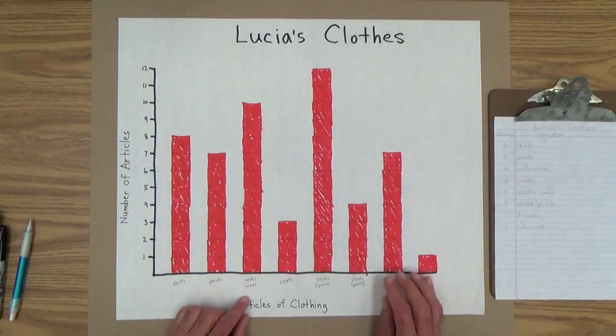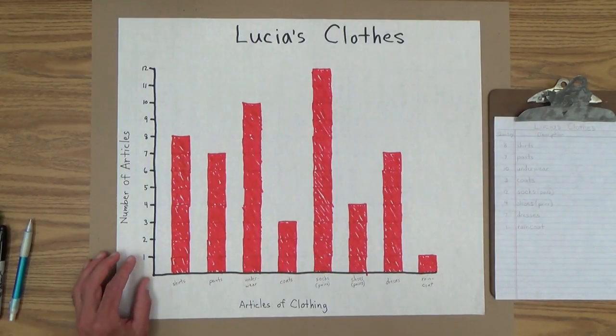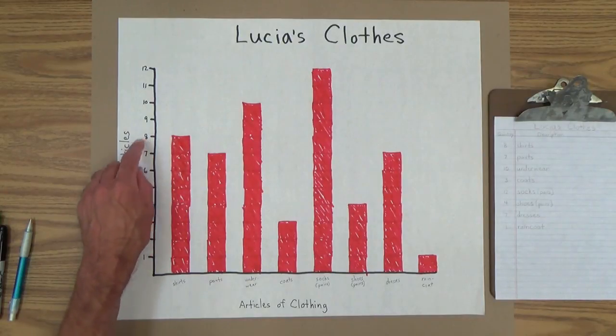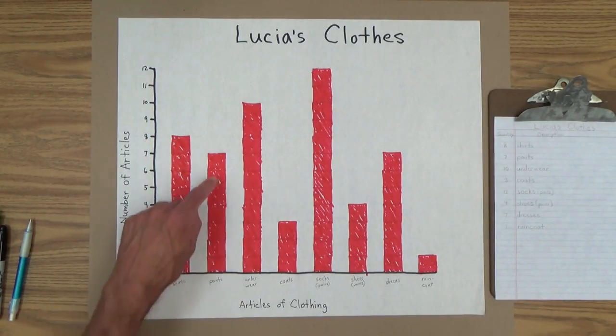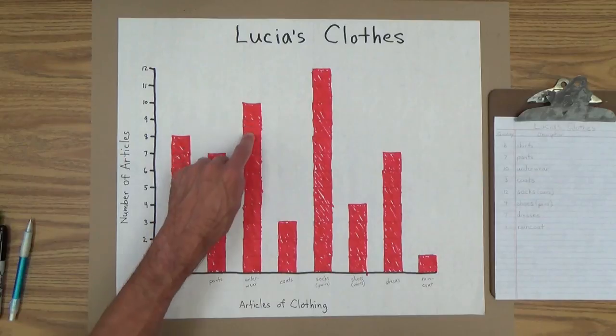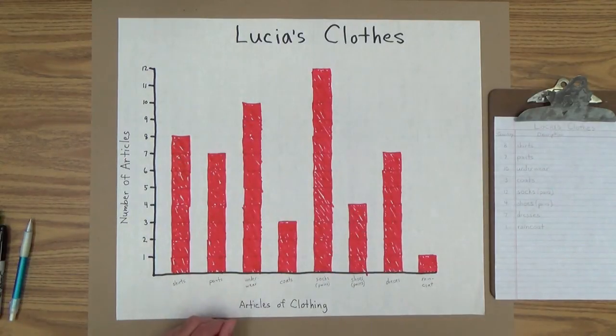And she could do that on a separate sheet of paper, add the numbers, 8 for shirts, 7 for pants, 10 for underwear, and on and on. And then the two of you can work together to find a way to add all those up.